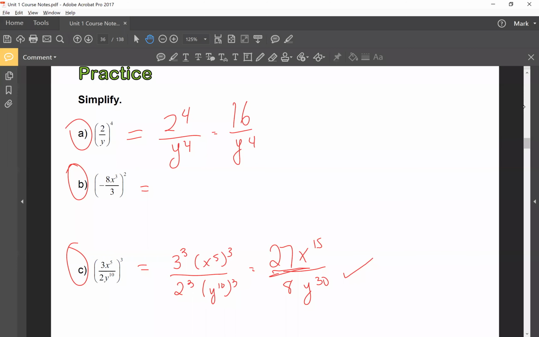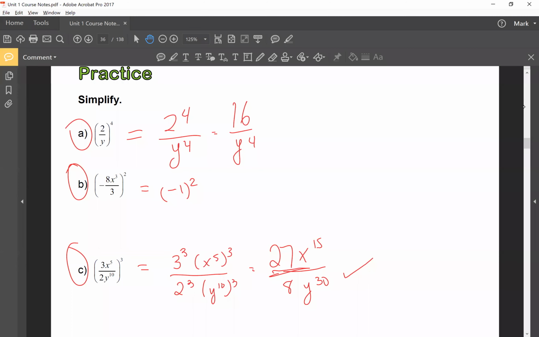Okay, so B. B has that secret negative 1 there. So I'm going to separate that. Negative 1 squared becomes a positive. Yeah, exactly. And you really want to be careful, because if it was like a 3 or a 4, you've got to watch out. You can do this on your calculator, but this becomes a positive.